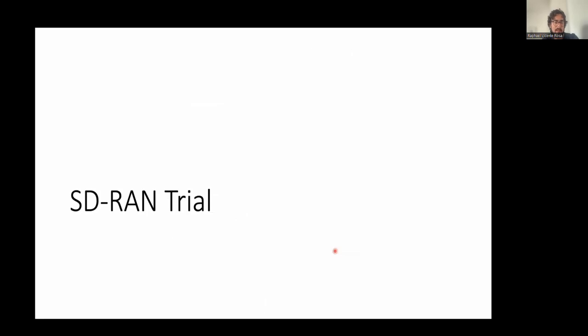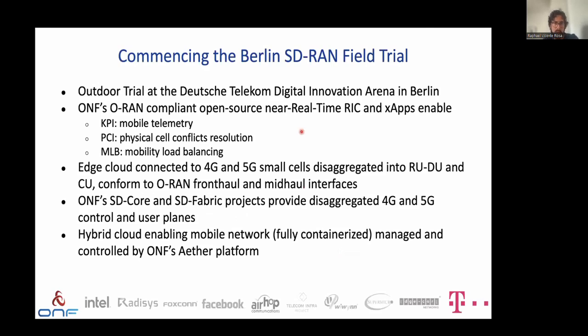Finally, I just would like to talk about where these integrations were also performed with an actual 5G deployment. And this was the SD-RAN trial that was hosted in Berlin by the Deutsche Telekom Digital Innovation Arena.